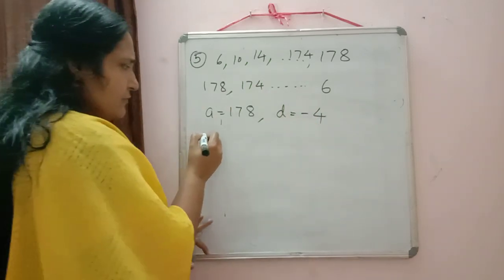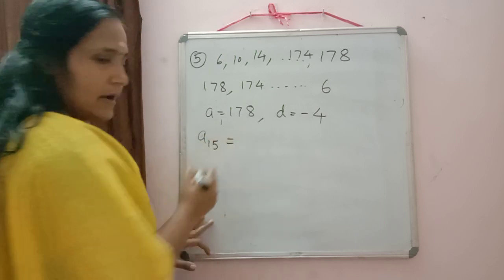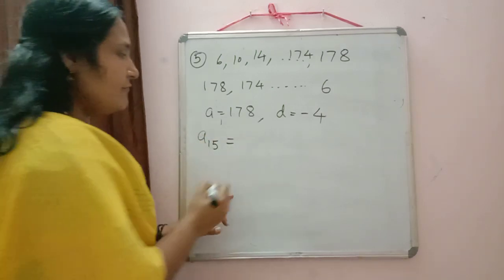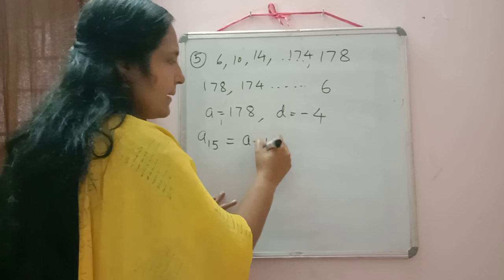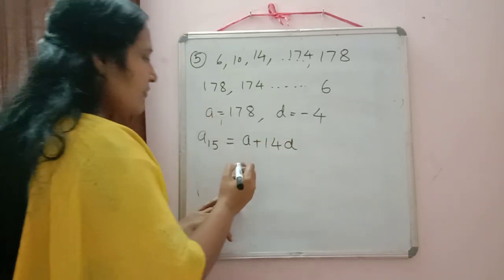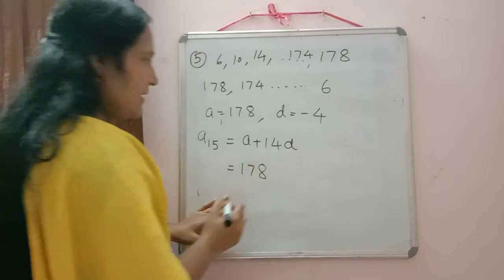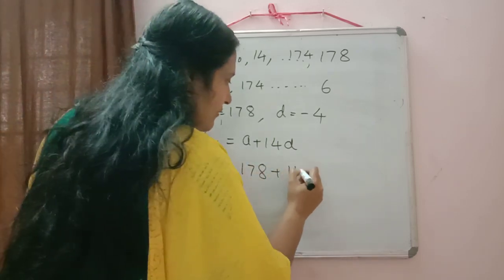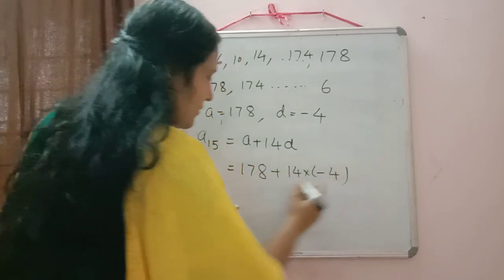Now we will calculate what will be A15. According to the formula, what will come? A15? Yes, it will come A plus 14D. Now substitute the value. In place of A we have 178 plus 14 into minus 4.